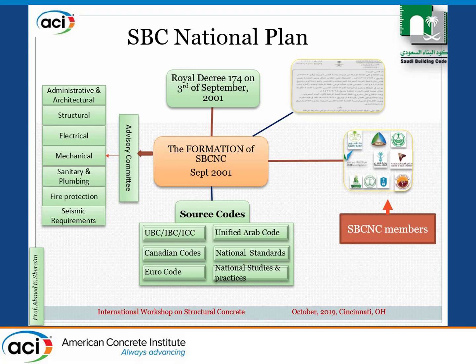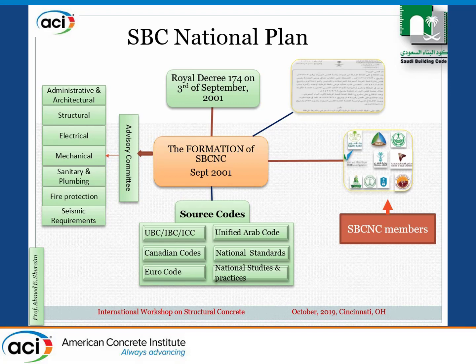However, the committee decided to go with ICC, so the main source became the ICC. And of course, it has different committees here: architectural, structural, electrical, mechanical, etc. These are the main committees, to the left of the screen.